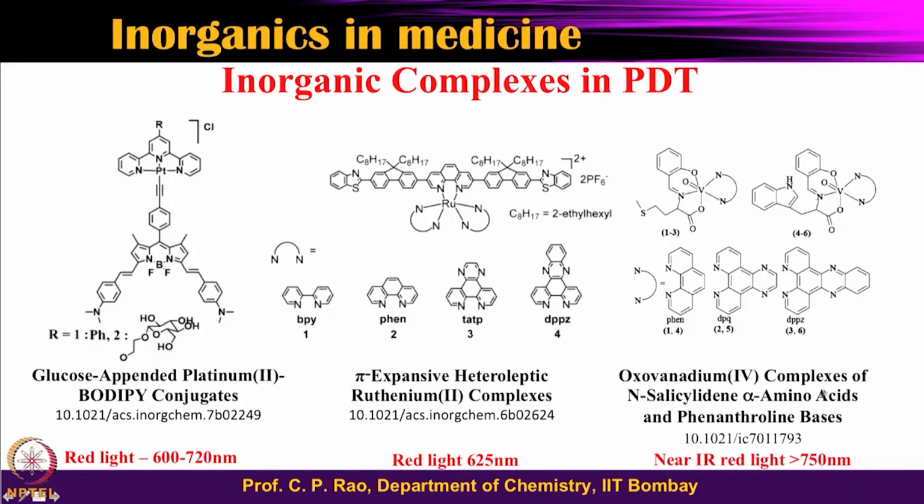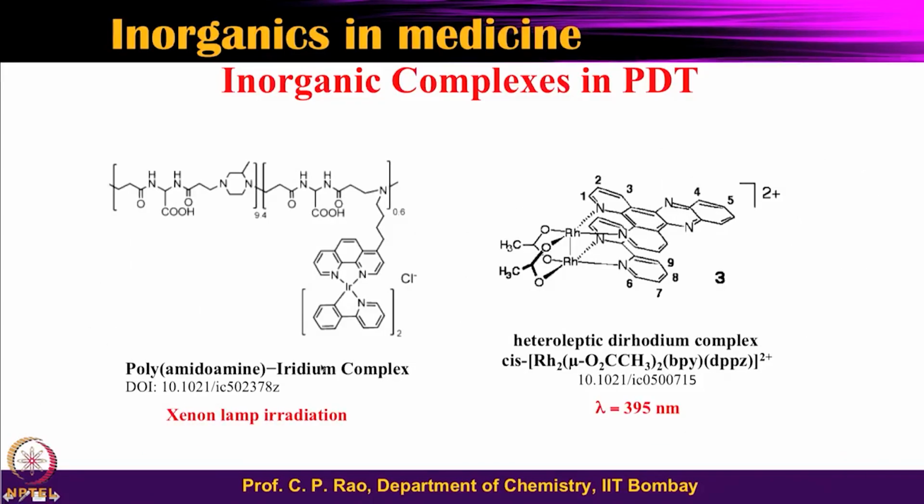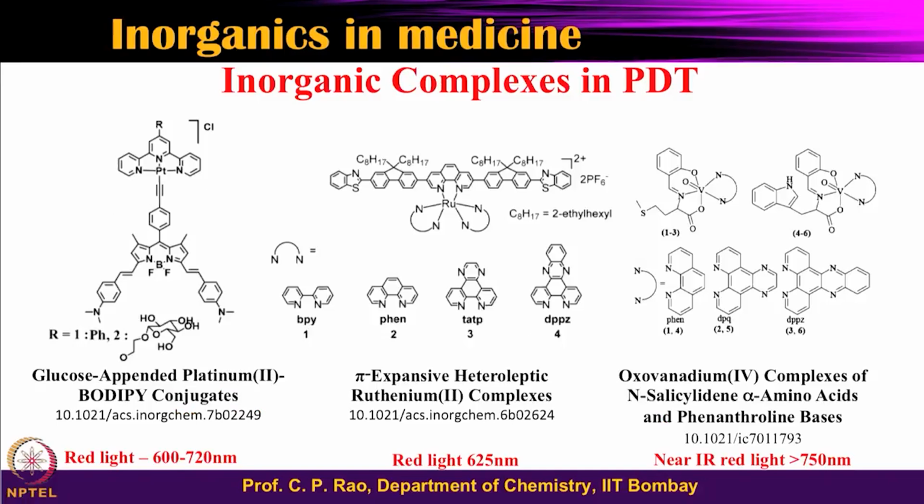So, this is oxo-vanadium 4 complexes of salicylidene alpha amino acids and phenanthrolene bases. And these are pi-expansive heteroleptic ruthenium 2 complexes. These are glucose-appended platinum 2 compounds. So, all of these are suitable for different kinds of activities, particularly for PDT in cancer treatment.